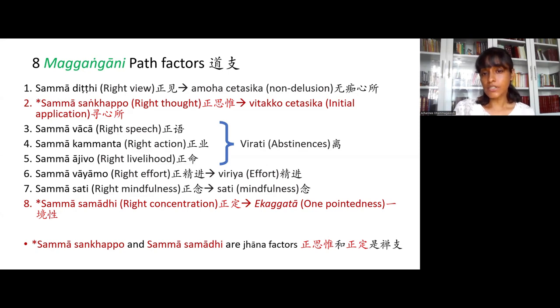Samma Vayama is Virya Cetasika, Samma Sati is Sati Cetasika, and Samma Samadhi, right concentration, is Ekaggata Cetasika. It's a universal mental factor. Now, 2 and 8, Samma Sankappa and Samma Samadhi, correspond to Vitakka and Ekaggata. These are not only Magganga, not only path factors, but they are also jhana factors.